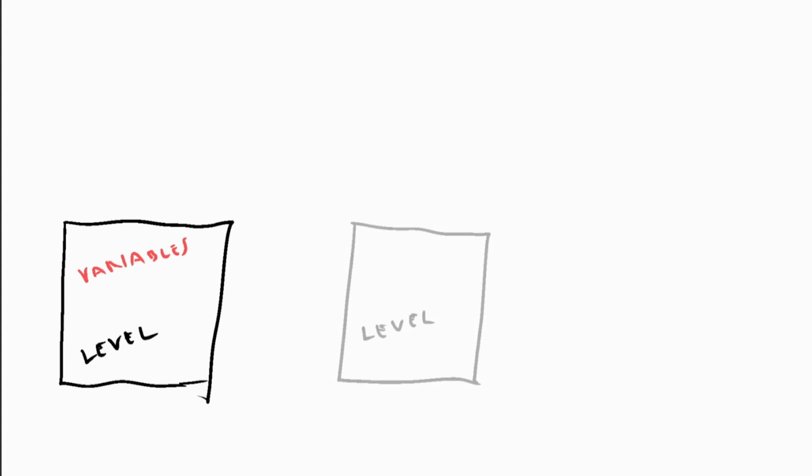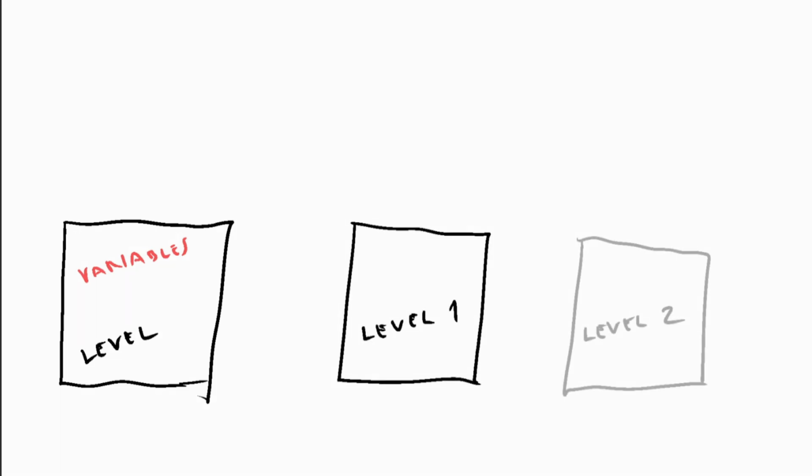But there is a little complication here. Not so complicated, but we have a level here, and we have some variables. When you load another level, this level is unloaded from the memory of the computer.